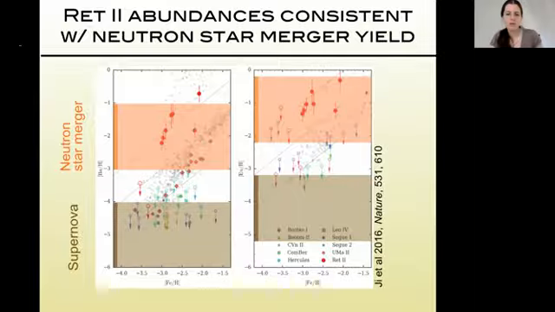And I want to reiterate an important point here. Of course, all of these systems have supernovae go off. The question is, is the R process in full swing operating in these supernovae? And the answer here is clearly no. And I'll have an additional supporting argument on the next slide.